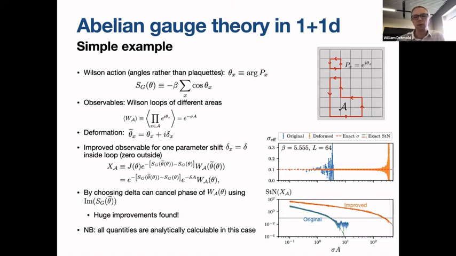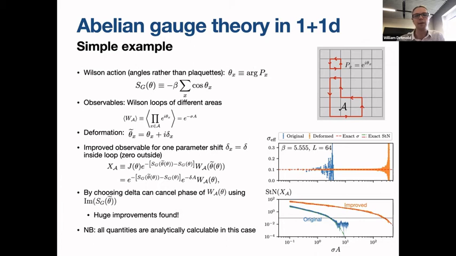There's also delta dependence hidden inside the theta twiddle in the first action contribution here. Okay, and by choosing delta, in principle, the imaginary part of that action evaluated for the deformed variables can cancel the phase of the observable WA.